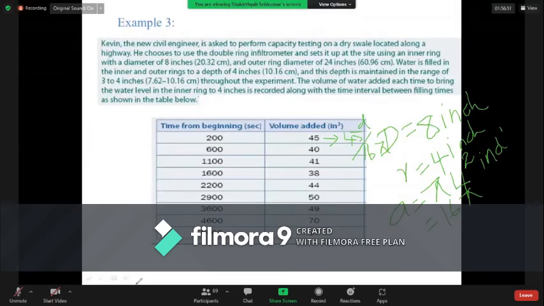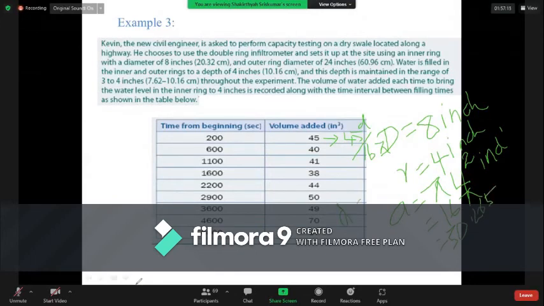So what is the depth? Sixteen pi is nearly 50.265.